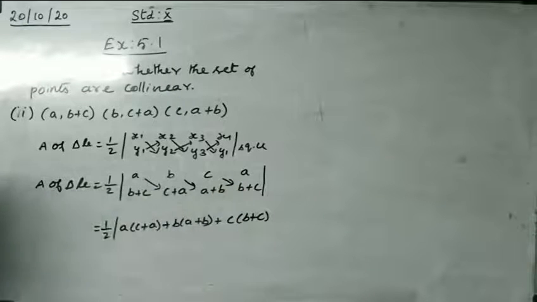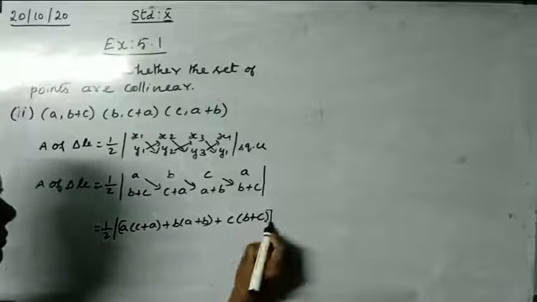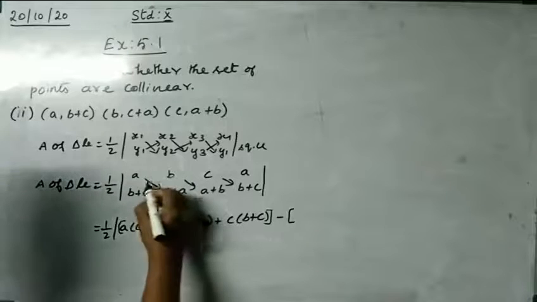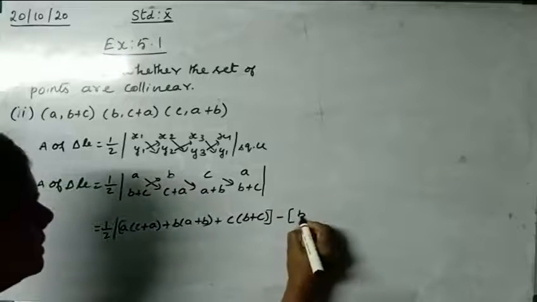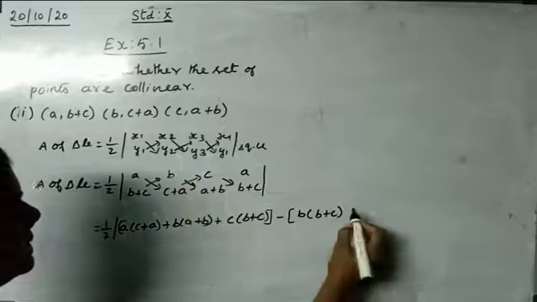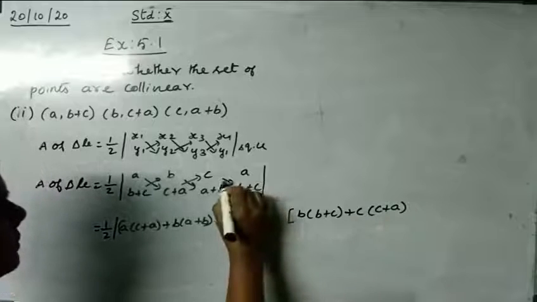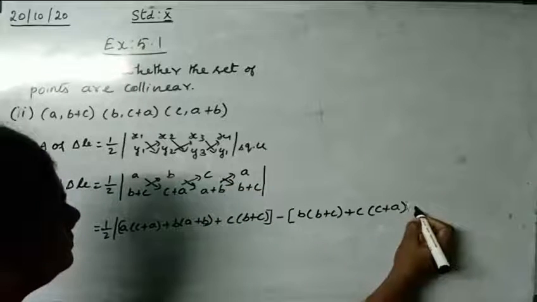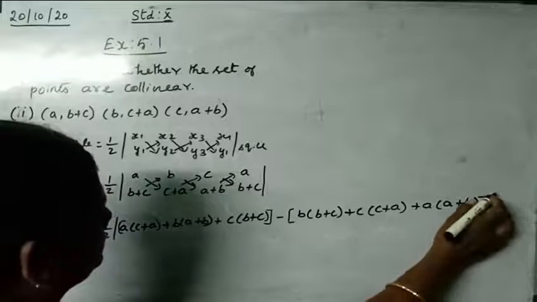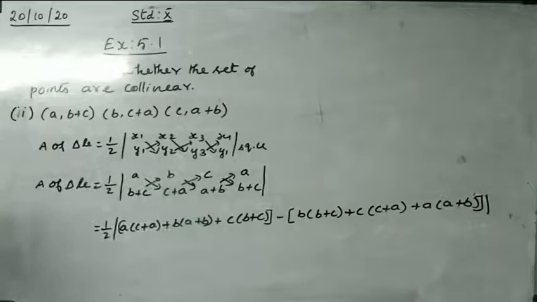So the first cross multiplication is over; take this as a square bracket. Minus of, take another square bracket. Now go upward: B into (B plus C), then C into (C plus A), then A into (A plus B). Square bracket over, take a modulus.